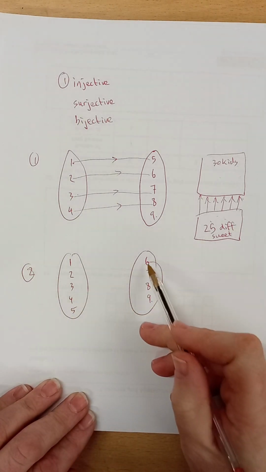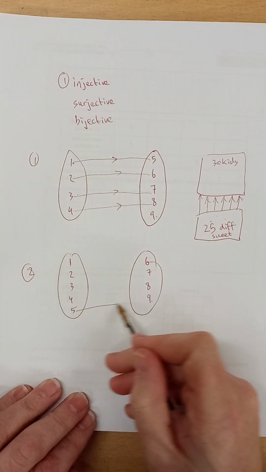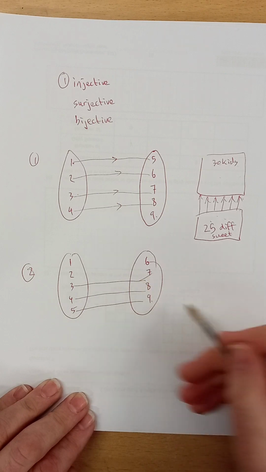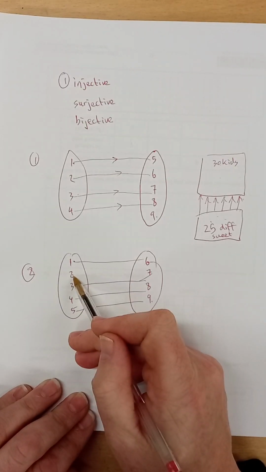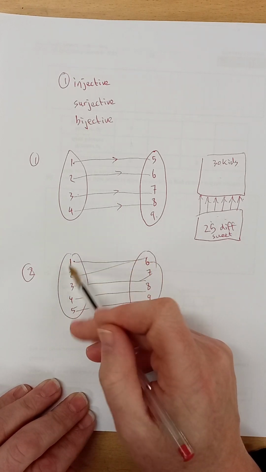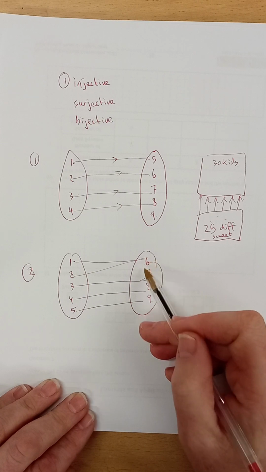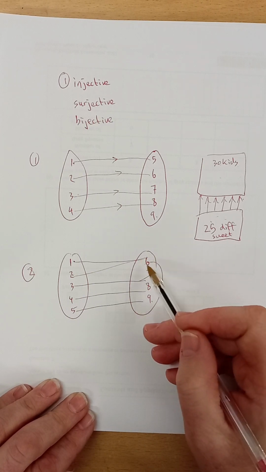What matters is that everything in the codomain gets something. Now you're thinking to yourself, how will that work? Some operation will allow 2 things from the domain to map onto the same output in the codomain or range. Okay? So that's the idea of it.